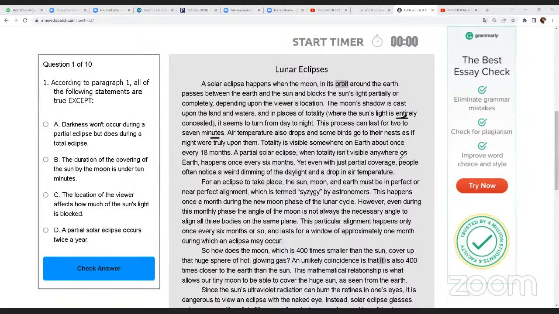A partial solar eclipse, when totality isn't visible anywhere on Earth, happens once every 6 months. Yet, even with just partial coverage, people often notice a weird dimming of the daylight and a drop in air temperature.